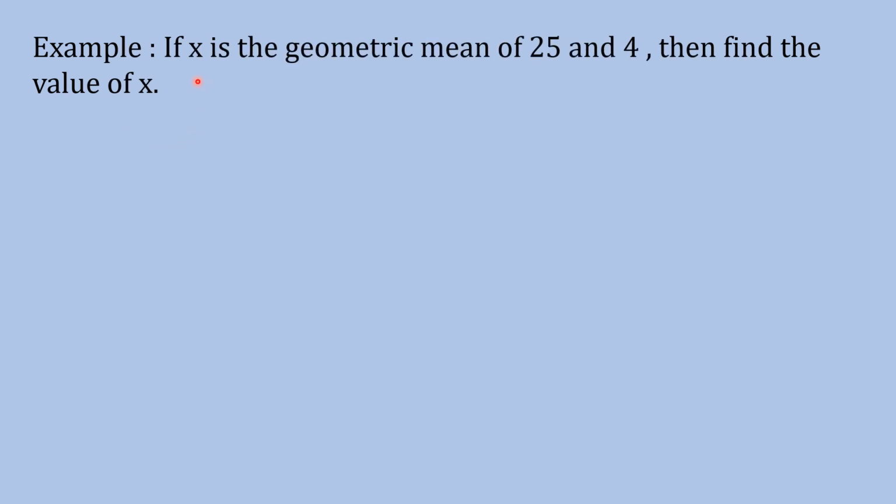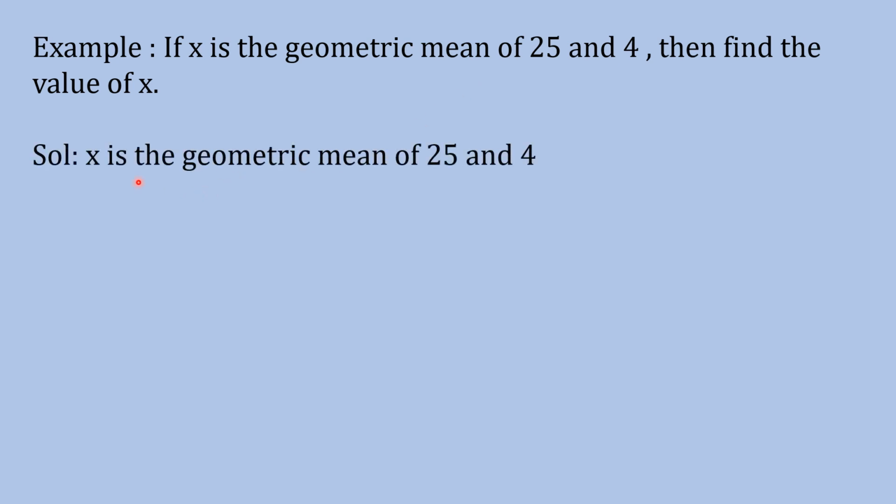Okay, students, I'll explain this with one example. If X is the geometric mean of 25 and 4, then find the value of X. It means the middle term is X, so you can write 25 comma X comma 4.